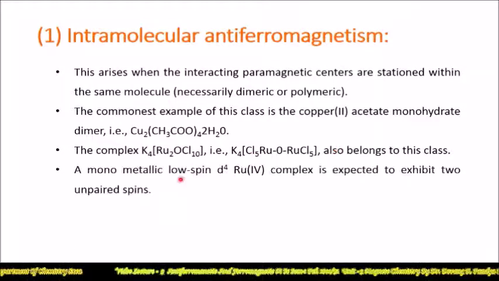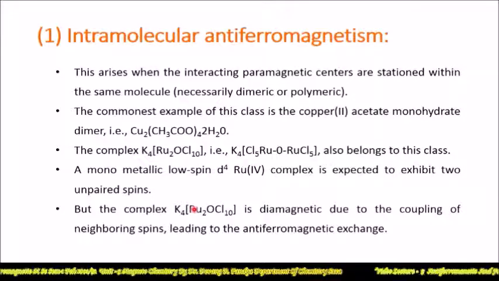A monometallic low spin d4 ruthenium(IV) complex is expected to exhibit two unpaired spins. But the complex K4[Ru2OCl10] is diamagnetic. All the electrons get paired up when this bridge formation takes place, due to the coupling of the neighboring spins, leading to this antiferromagnetic exchange.